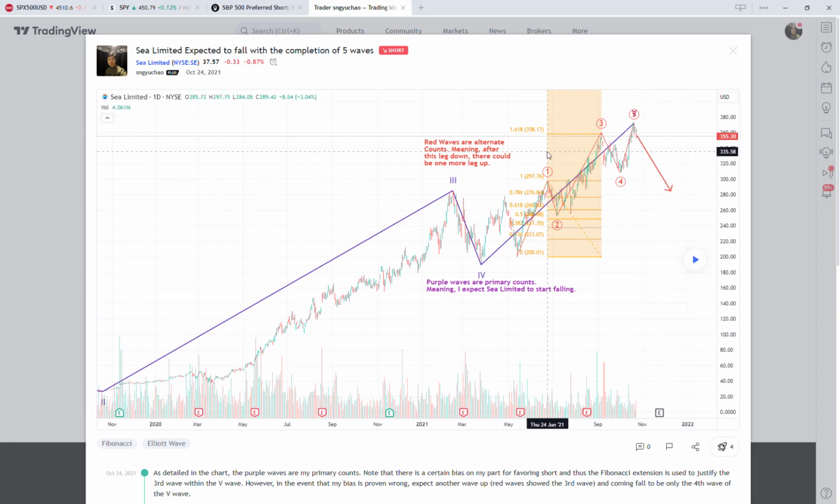This is the daily chart. At this point in time, the peak is actually a few days back, about the 20th of October. This was published on a Sunday, and this turns out to be the height of SE.